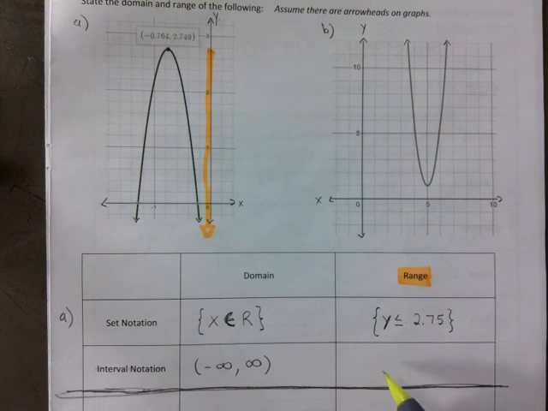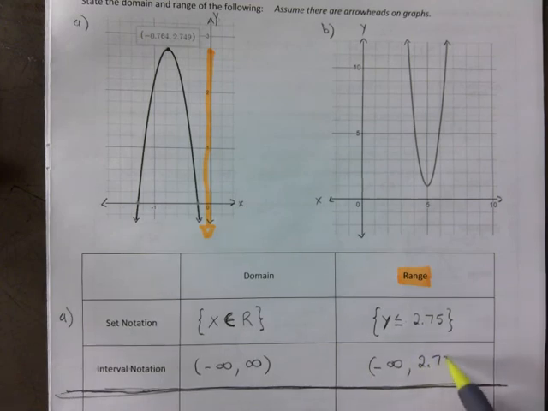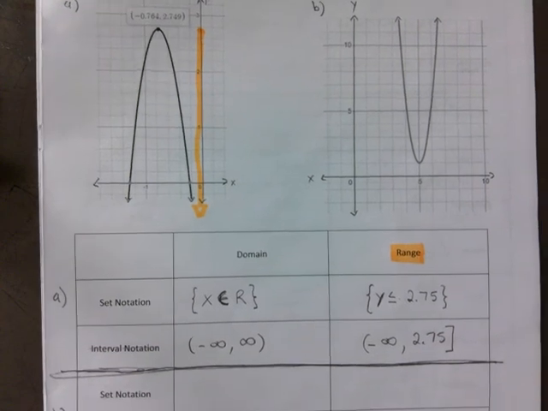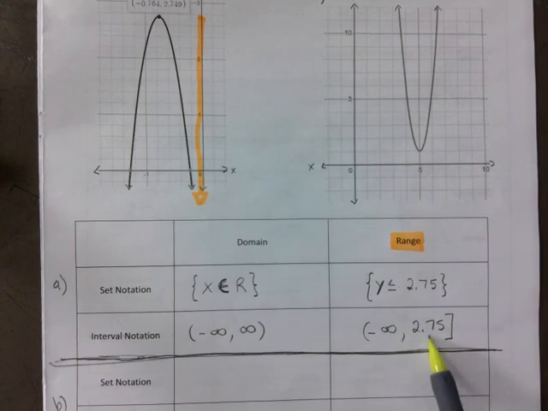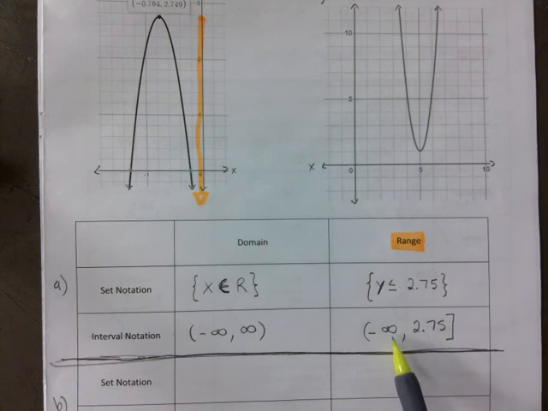And interval notation, you're going from negative infinity all the way to 2.75. Remember, smallest first, largest second. I know 2.75 is there somewhere, but negative infinity would be first, okay?